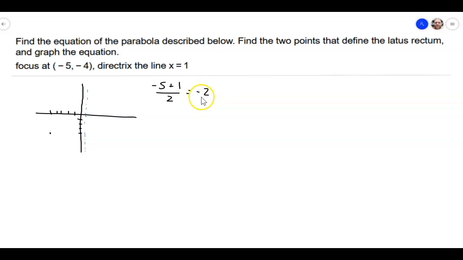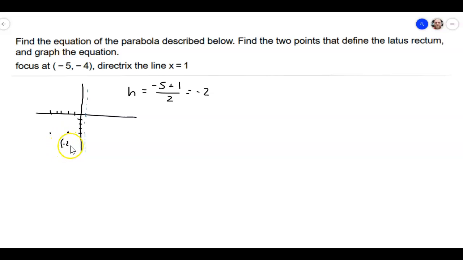So our x value, and this is really h of our vertex, because (h, k) is the vertex notation. So h is going to be -2, and then k is just going to have the same y value as our focus here. So it's just going to be -4. So -2, -4. I'm going to put a little point here.